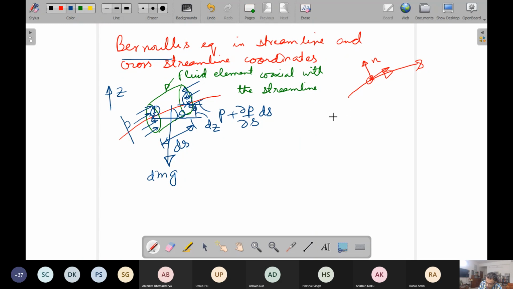What is this dm? Dm is the density times the volume. Volume is A into ds.